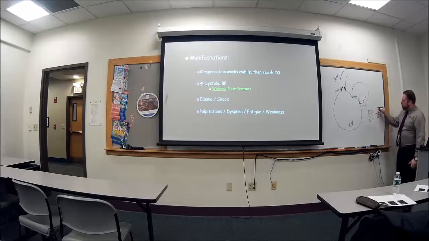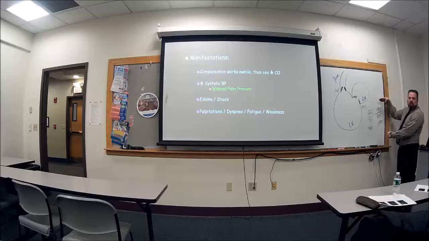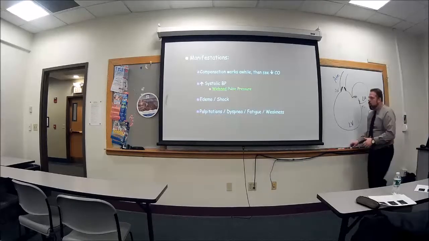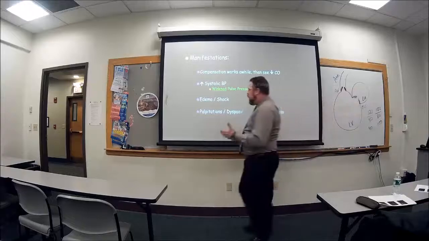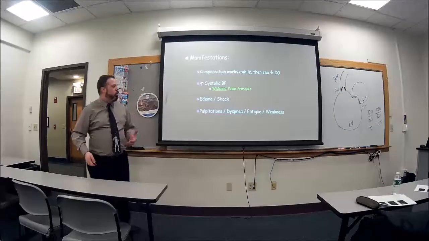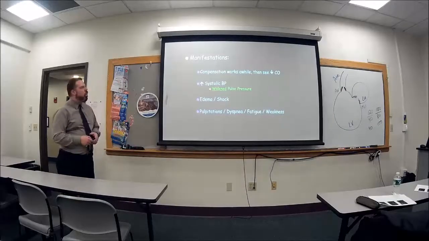So this 120 may be, and I'm going to exaggerate, but let's say 180. So the pulse pressure is going to be 40 here, but now you have it as 100. So this pulse pressure widens. Does that make sense? As opposed to narrow. And you get edema, shock, palpitations, and so forth. Fatigue, shortness of breath, and all that.